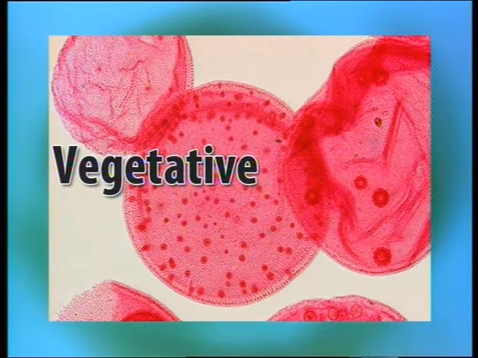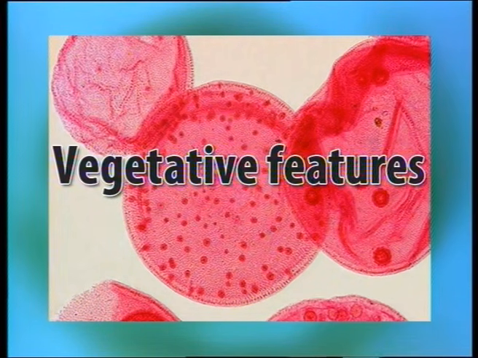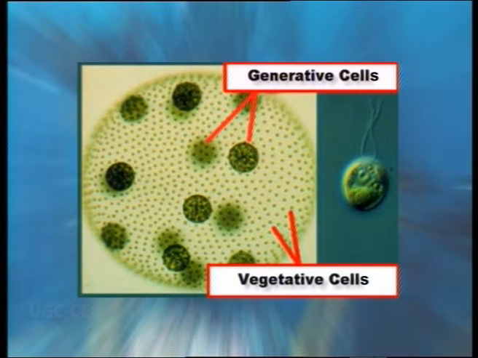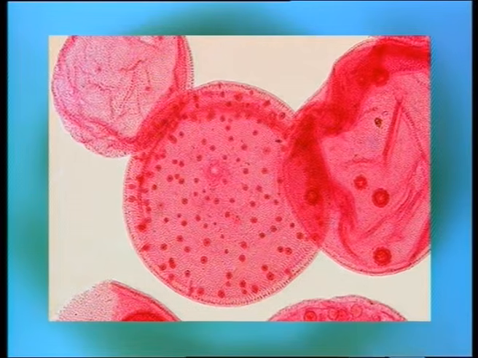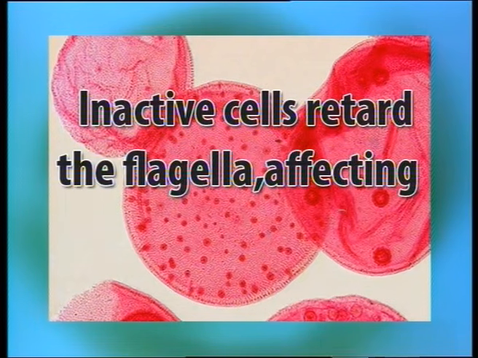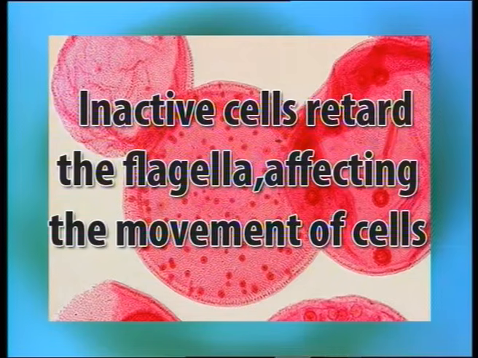And once we compare the vegetative features of a cell which is active with a Volvox cell which is inactive, that is where no metabolic activity is taking place, we see that in such cells there is minor morphological variation, where not only the size decreases, that is, metabolically active cells are larger in size and inactive cells are smaller in size, but also sometimes the flagella are getting retarded, which in turn affects the movement of these cells from one direction to another because of the absence of flagella.